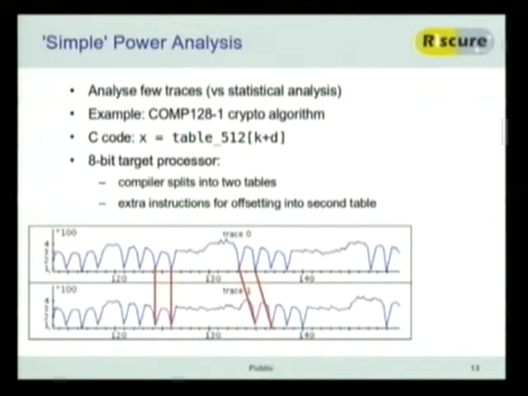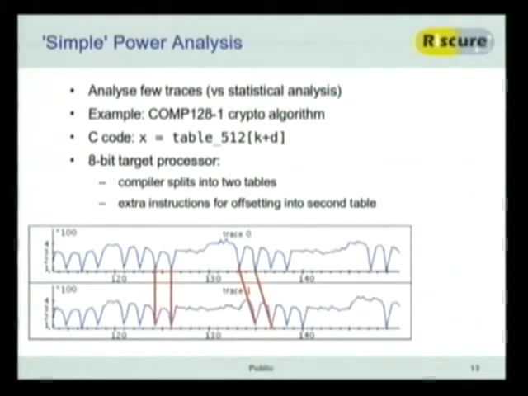So what the compiler does, it looks at this C code and says, oh, that's not going to fit. So it basically splits the table into two 256 entry tables. And then at runtime, it will decide, do I look in table A or do I look in table B? And that's what we can see here. So there's actually a bit of time difference depending on which table it's indexing.